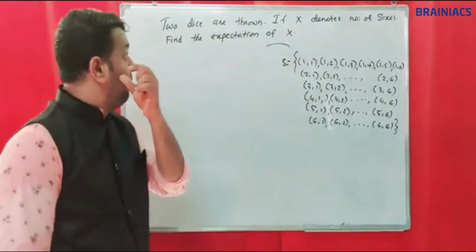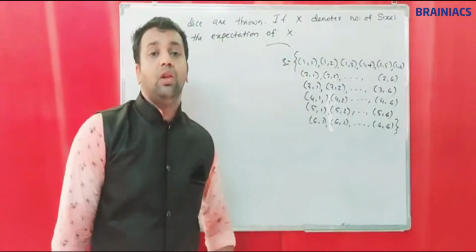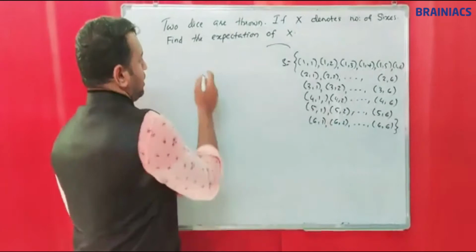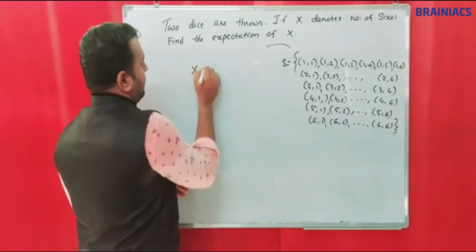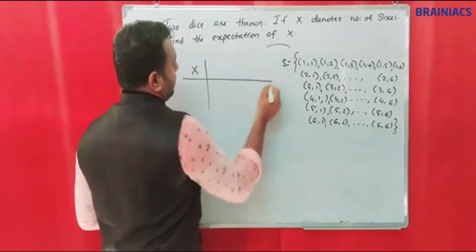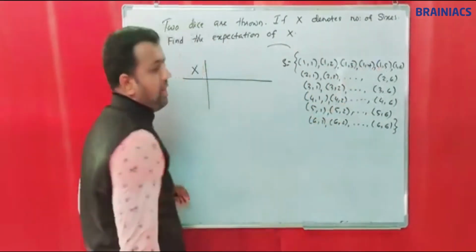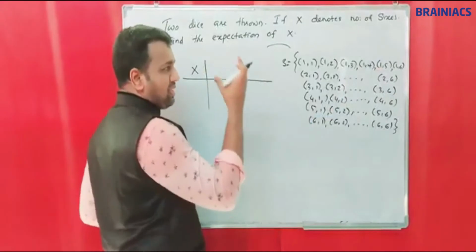at first we have to find out the values of x. X denotes the number of sixes. So what values can x take?